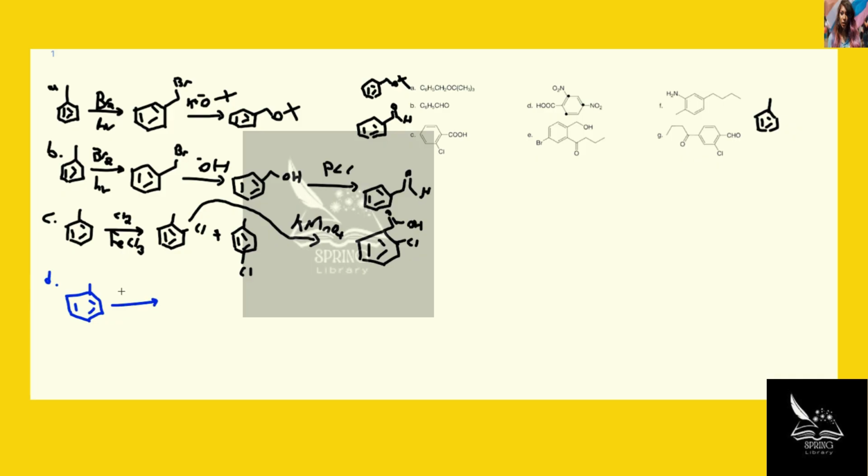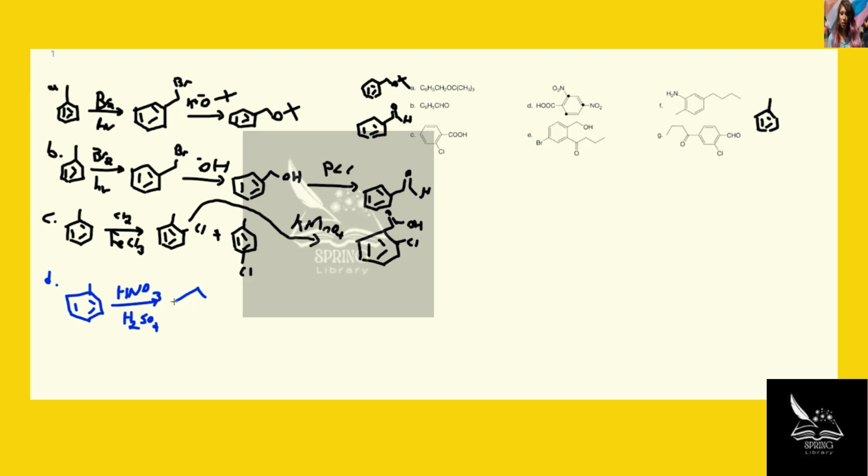So what we've got to do is sequentially first add our HNO3, H2SO4, and then we can add it to the ortho and para position.